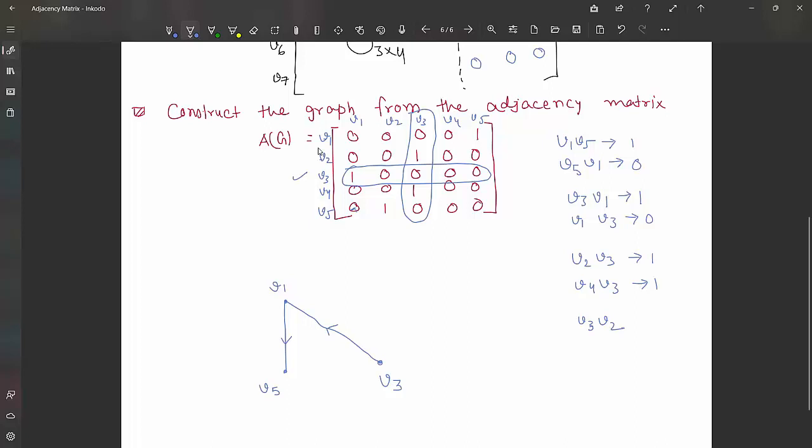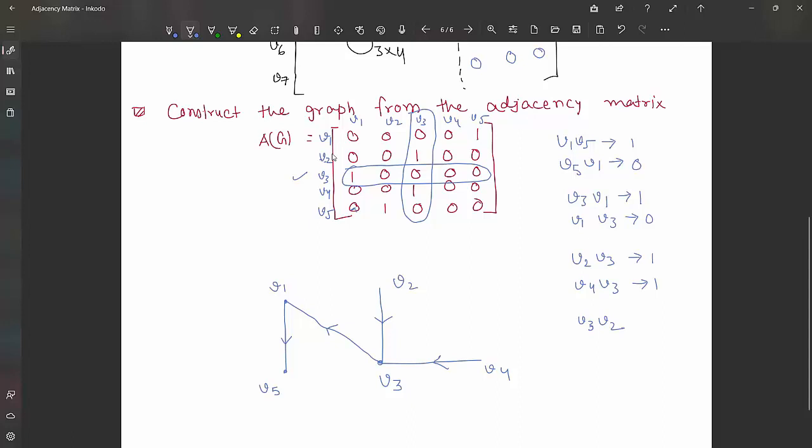But from the column, v2 v3 and v4 v3 are both 1. That means there is a connection between v3 and v2, v4. So from v3 there are two adjacent vertices, v2 and v4. Take v2 here and v4 here, with the direction from v2 to v3 and from v4 to v3. So now v3 is also done, and we have already covered v1 and v3.